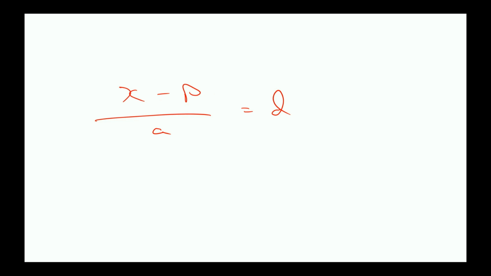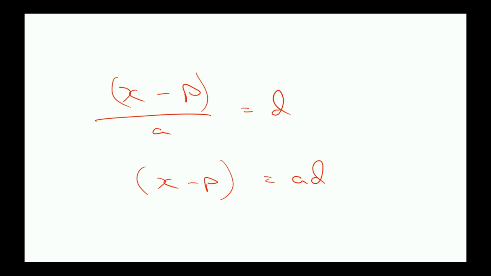Now, why is that? Well, both the x and the minus p are written above the line, right? So they've both been divided by the a. So they have essentially been grouped. So we're going to have to get rid of the a first, and then once we've done that, x minus p, they've been grouped, and now we get rid of the a by taking it across the equals, doing the opposite, so it becomes a multiplied by d.